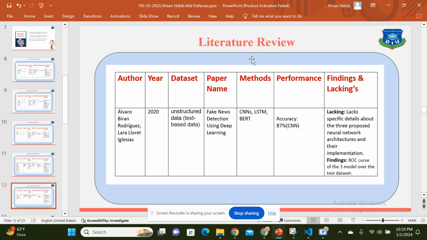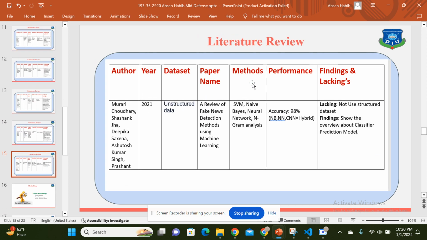There is another paper, and this paper's name is a review of fake news detection model using machine learning. The applied models are SVM, naive Bayes, neural network, and n-gram analysis, which is the FISAS extension.